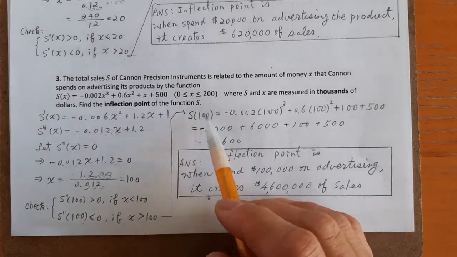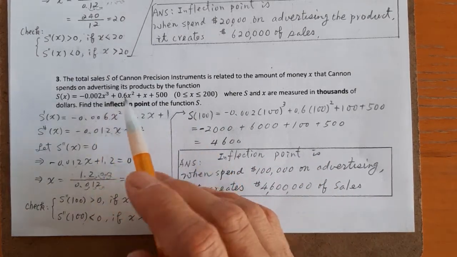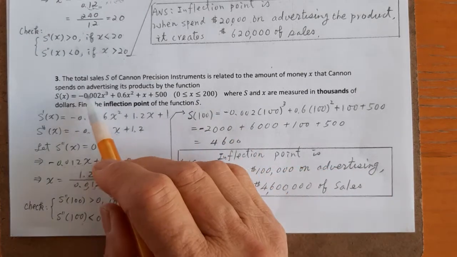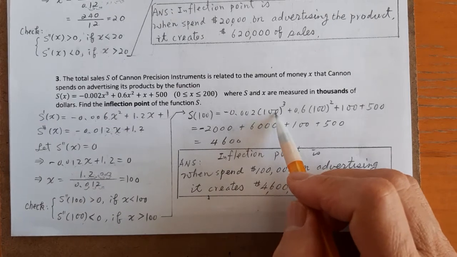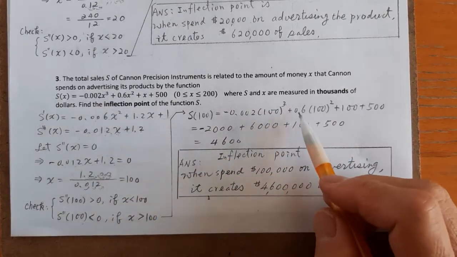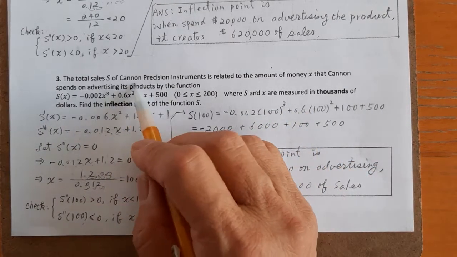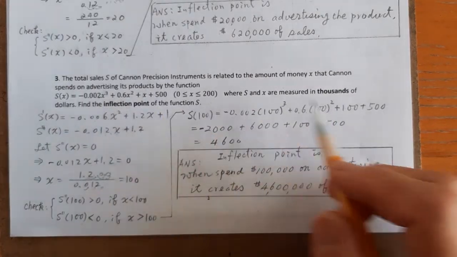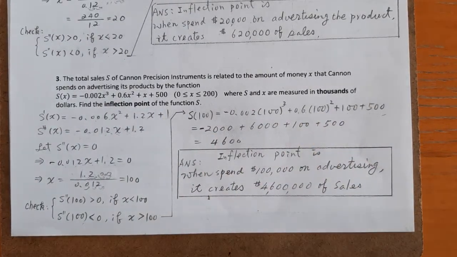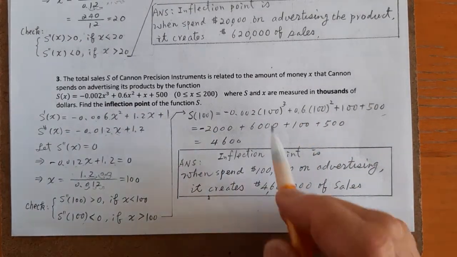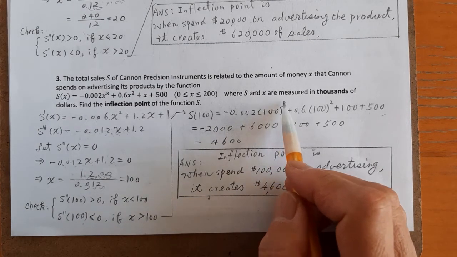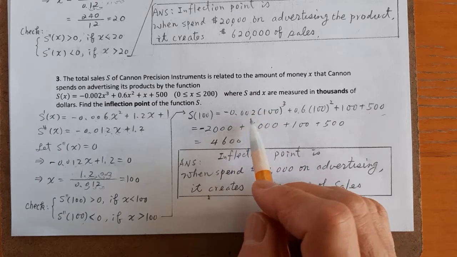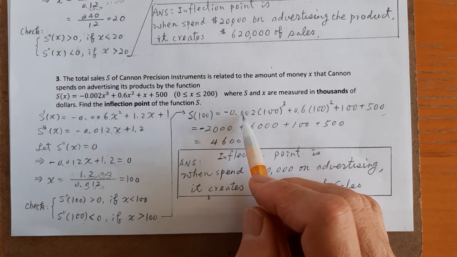So 100 plug into the original function: negative 0.002 times x, where x is 100 to the power 3, plus 0.6 times 100 squared, plus x is 100 plugged in, plus 500. So this one, 100 to the power 3, is 1 with 6 zeros.